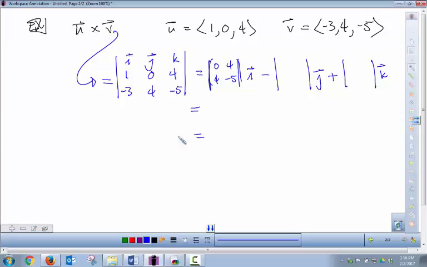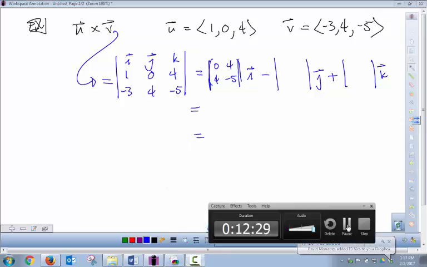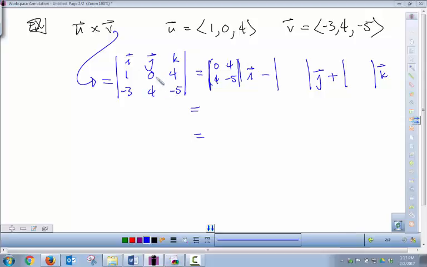No, let's wait for other people too. So I got that first submatrix, 0, 4, 4, -5.